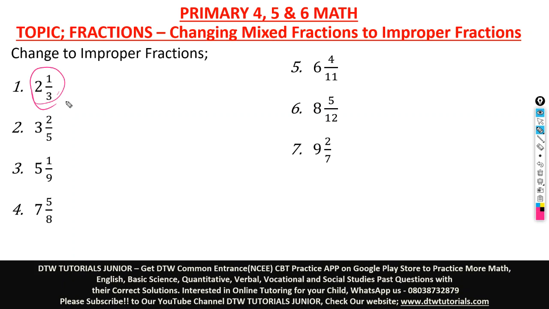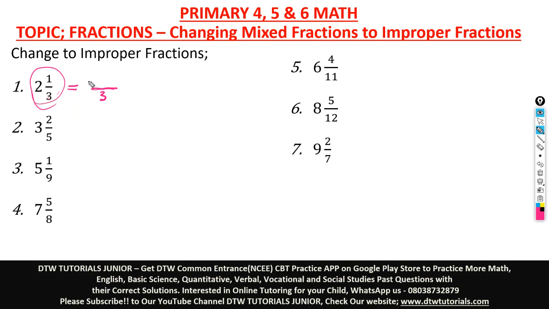This is a mixed fraction back to what? Improper fraction. And how do we do this? Okay, stay with me closely, all right? So what you do is you first of all put your division sign. The denominator will remain the same as 3, okay? And then our numerator will now be 3 times 2.